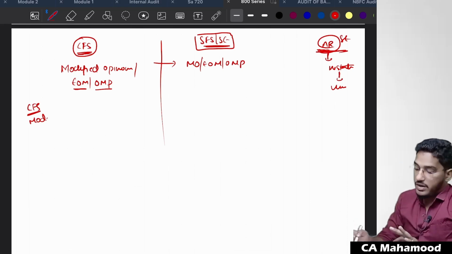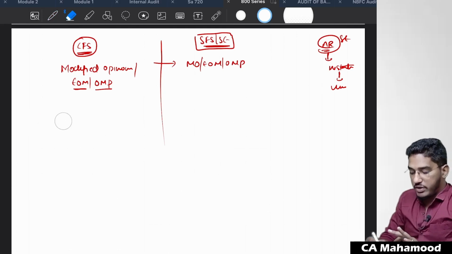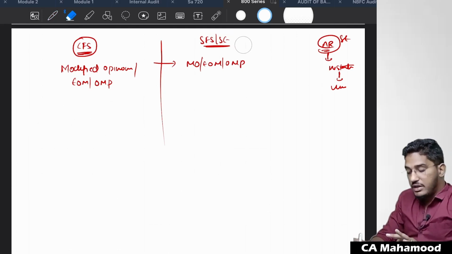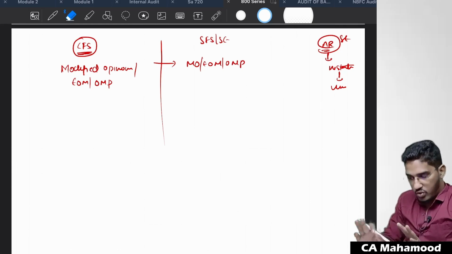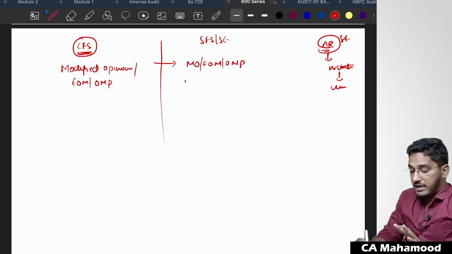There is no problem. So in case the complete set of financial statements contains a modified opinion or emphasis of matter paragraph or other matter paragraph, there is no requirement that the audit report on the single financial statements or specific element also must contain a modified opinion, emphasis of matter, other matter. No, it all depends on facts and circumstances.